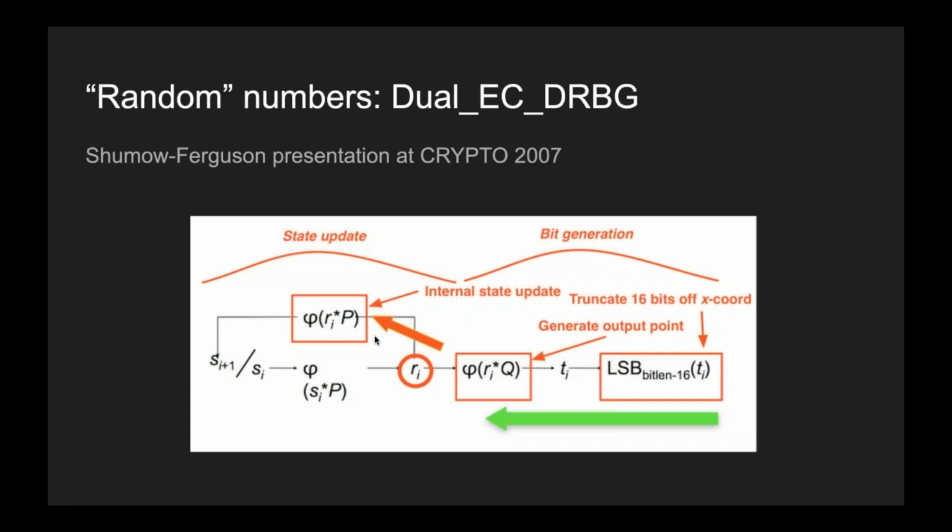But if you pick those P and Q carefully, they affect everything else. And so the suspicion here is that the NSA carefully selected this P and Q to be related in a way that they can undo this whole algorithm. Right, so that's it.